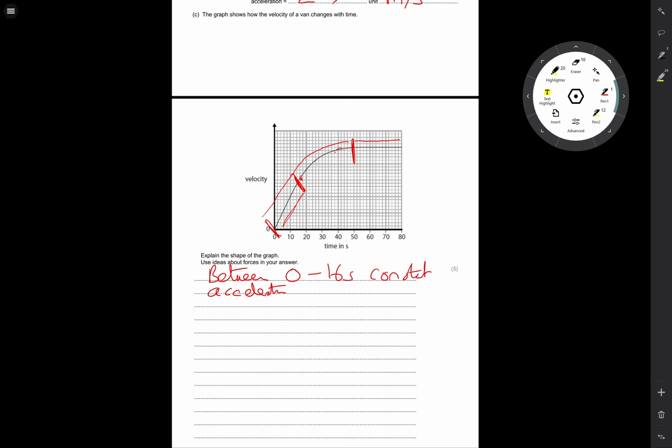And we've got constant acceleration due to the resultant force being a constant.